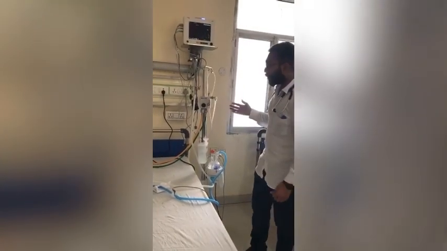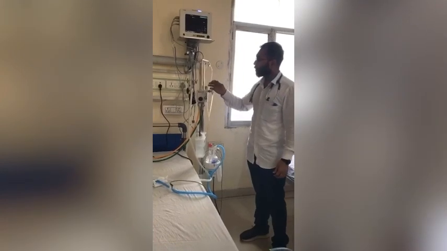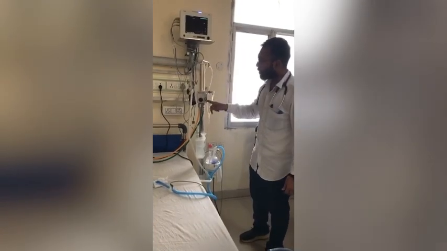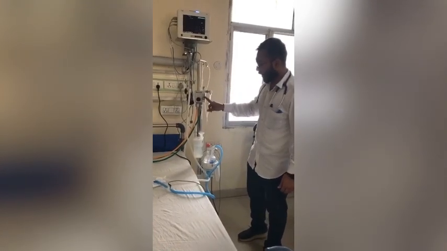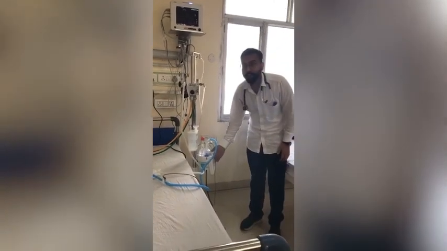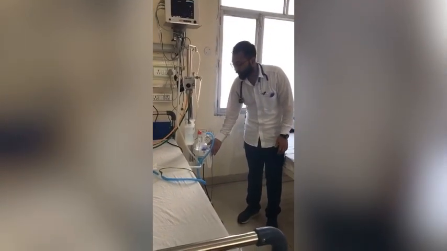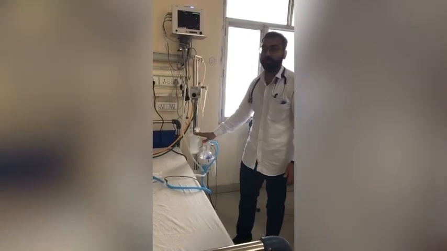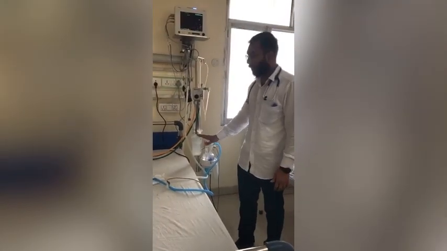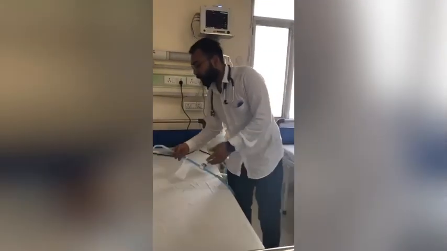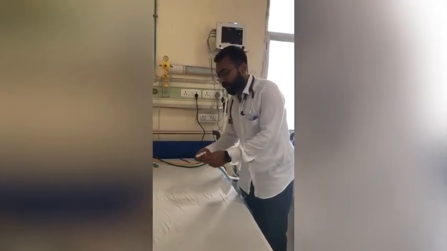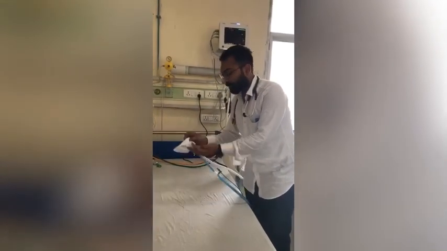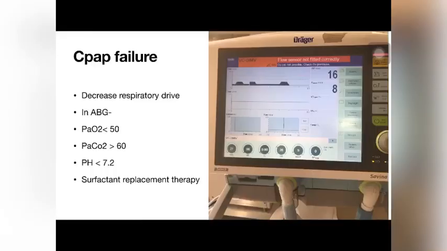This is a CPAP machine. It has a blender which blends oxygen and the air, and a humidifier for continuous supply of warm humidified air. It has a pressure generator for positive pressure in the circuit, and lastly there is a patient interface, nasal cannula, to connect CPAP circuit to the neonatal airway.